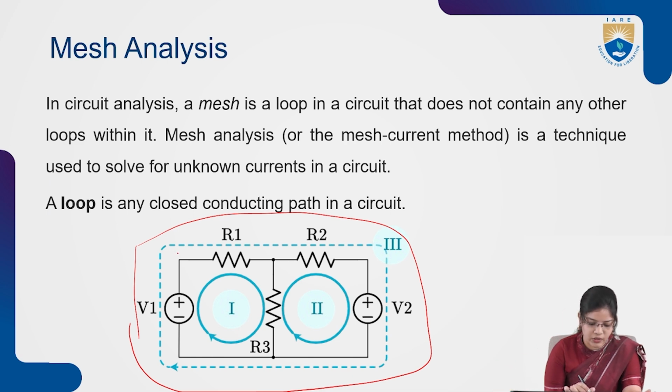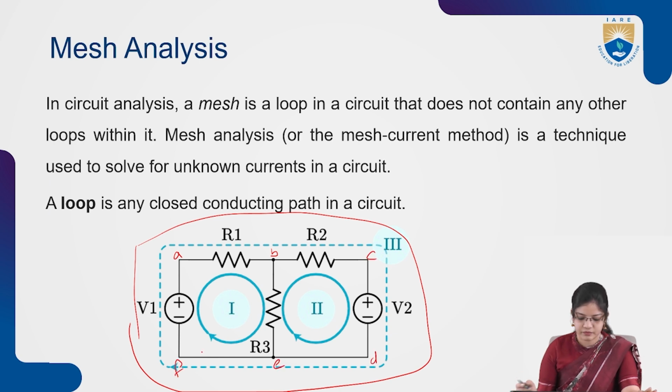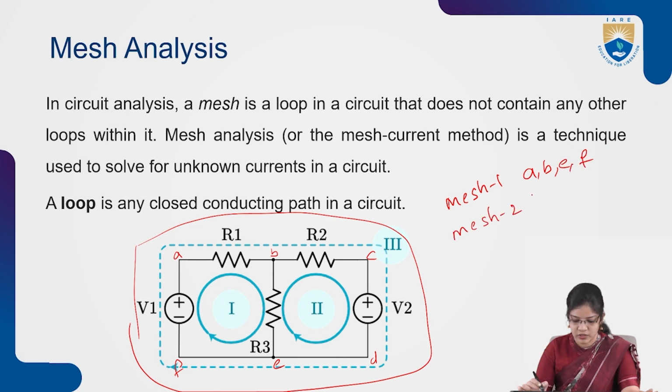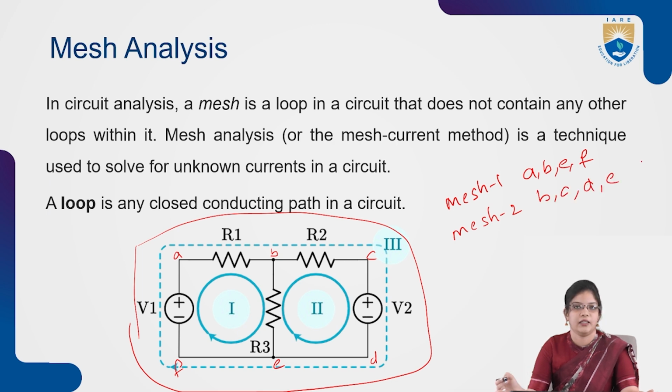If we denote the points as A, B, C, D, E, F, the two meshes are: mesh 1 is A, B, E, F, and mesh 2 is B, C, D, E.